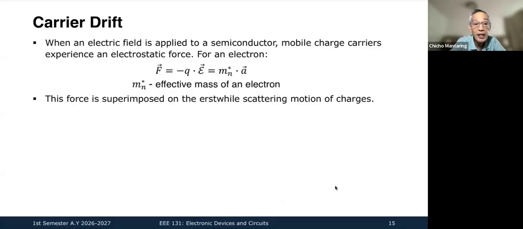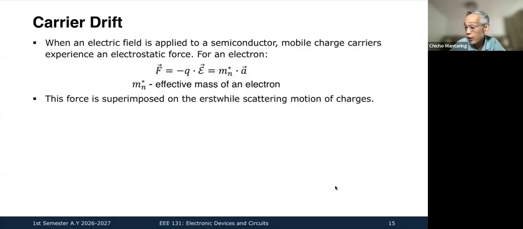Now, in physics, you know that force is equal to mass times acceleration. So if we're talking about an electron, there is a version of that equation for electrons, where mass is what we call the effective mass of an electron, which is an empirical number, and acceleration is the acceleration of that electron in the presence of this force.